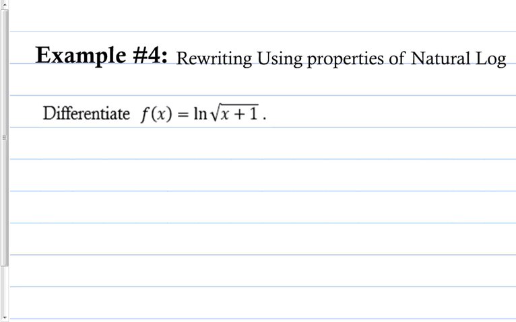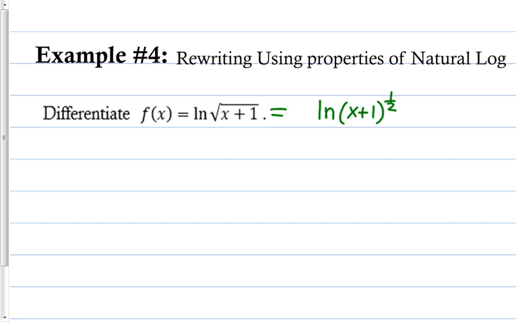All right, example 4, rewriting using properties of natural log. So we're going to rewrite this before actually deriving it. Again, I see a square root. Automatically, I should be thinking that is to the 1/2 power. So to rewrite this, it's going to be the natural log of x plus 1 to the 1/2 power.